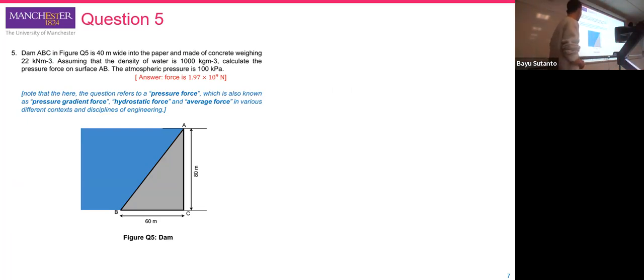The dam ABC, so this is the construction of a dam in figure 5, is 40 meters wide. The meaning is that its width perpendicular to our direction, into the paper, is 40 meters, and it is made of concrete with a weight of 22 kilonewtons per cubic meter.